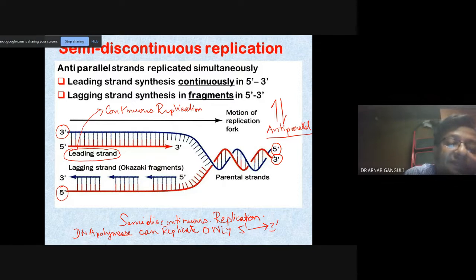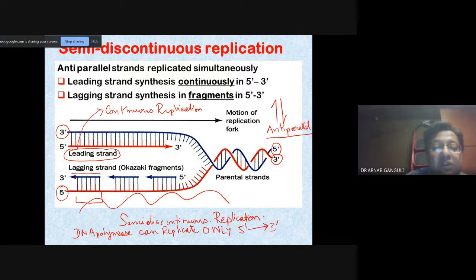First, this part has opened. This strand is synthesized in the 5 prime to 3 prime direction. Then this part opens. First, this part is unwound. Previously, it was all closed like this. Right? This part first unwinds.